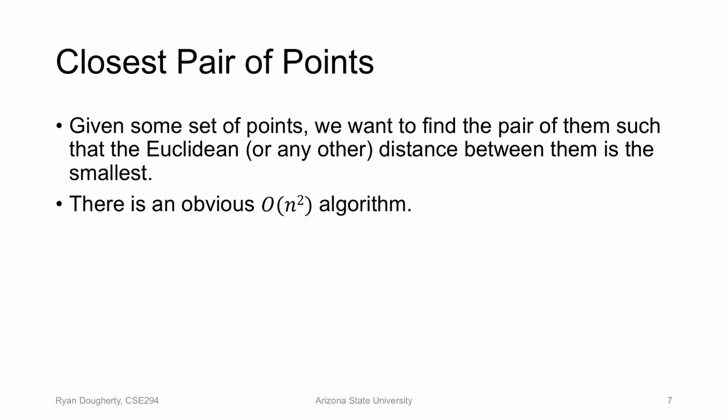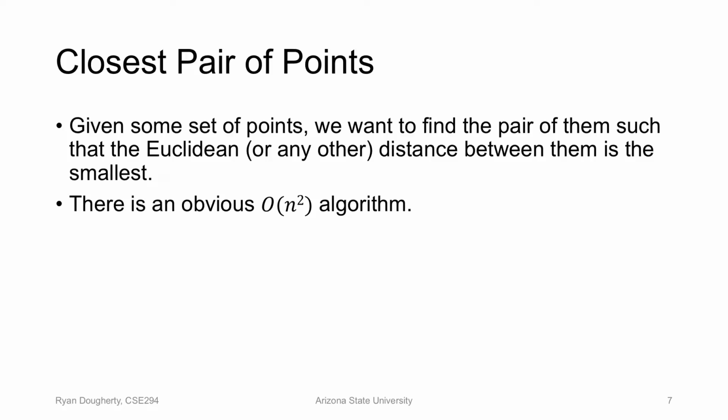So I say that there's an obvious n squared algorithm. What's that algorithm? There's a flavor of how I'm presenting these: you start with brute force and then we do divide and conquer. So, 2 for loops, right? Look over every pair of points.